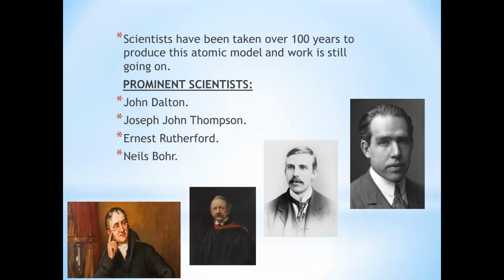In Thomson's atomic model, most of the space in an atom is made up of positively charged material with lots of tiny negatively charged electrons scattered throughout. So Thomson actually gave the concept of subatomic particles. Which subatomic particles? Electrons, protons, and neutrons.